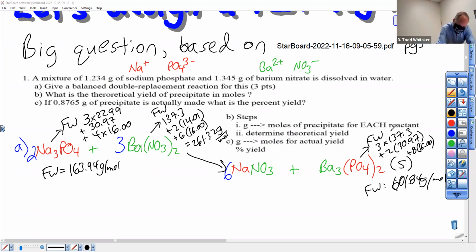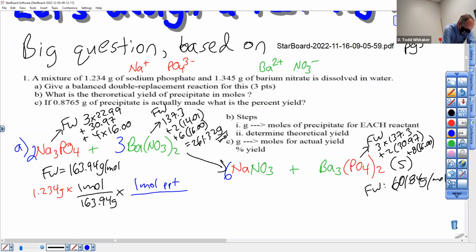We have 1.234 grams times 1 mole for every 163.94 grams. Do not write down the answer. Coefficient time. 1 mole PPT for 2 mole Ba(NO3)2.